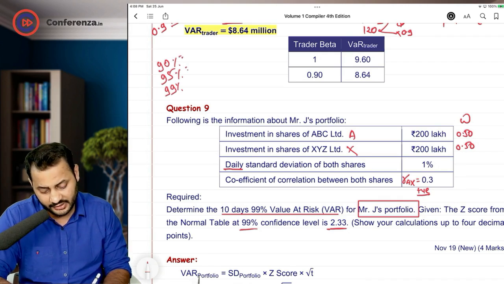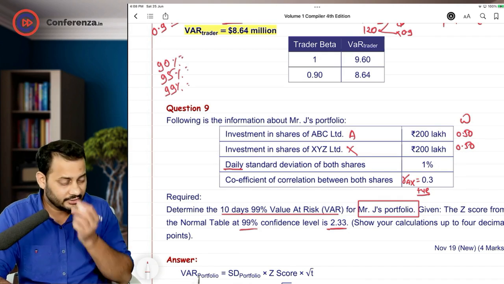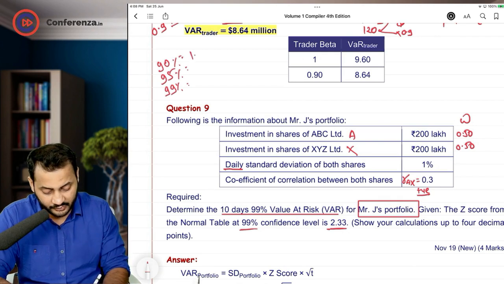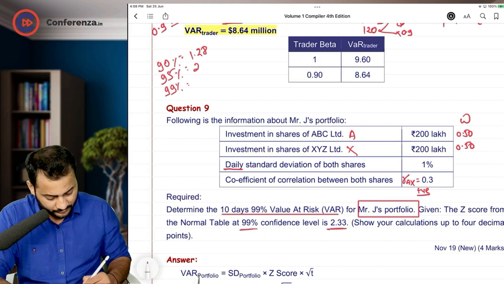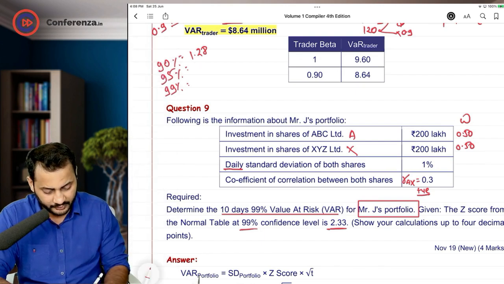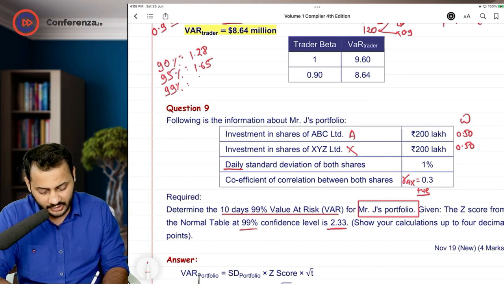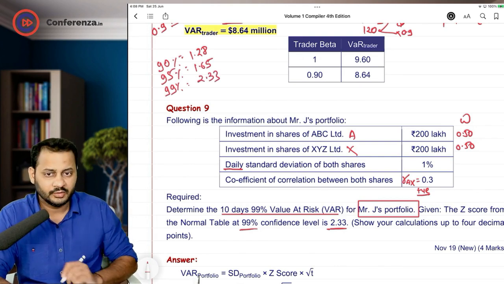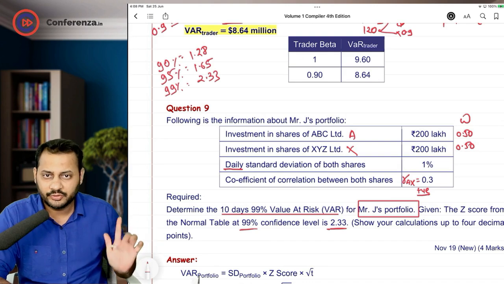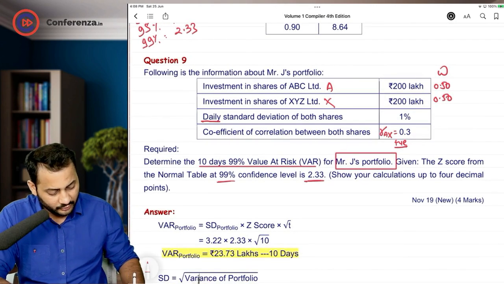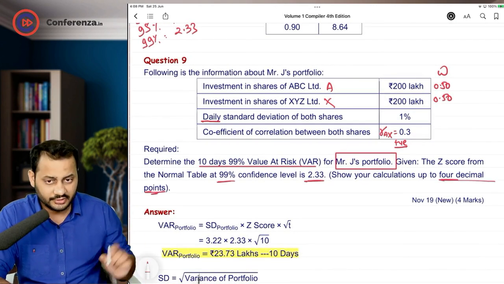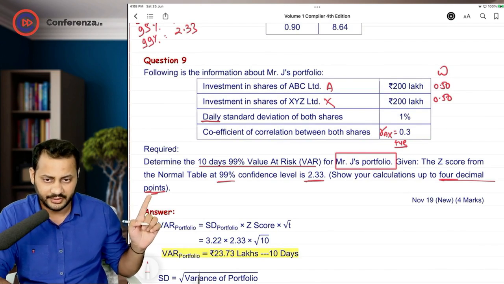If you look at the Z table values, it will be 1.28, then 1.65. The proper value is 1.645, but mostly 1.65 is used, and then 2.33. So if they are saying 99%, it is going to be 2.33. Show your calculation up to 4 decimal points. This is also important. You will have to keep this in mind.